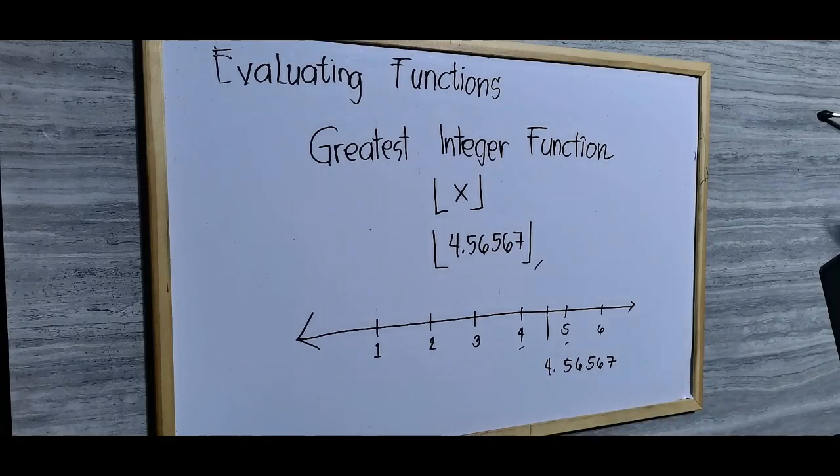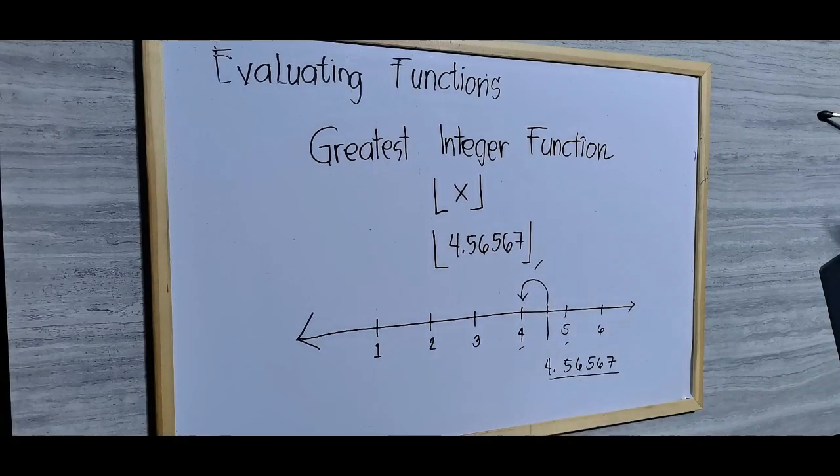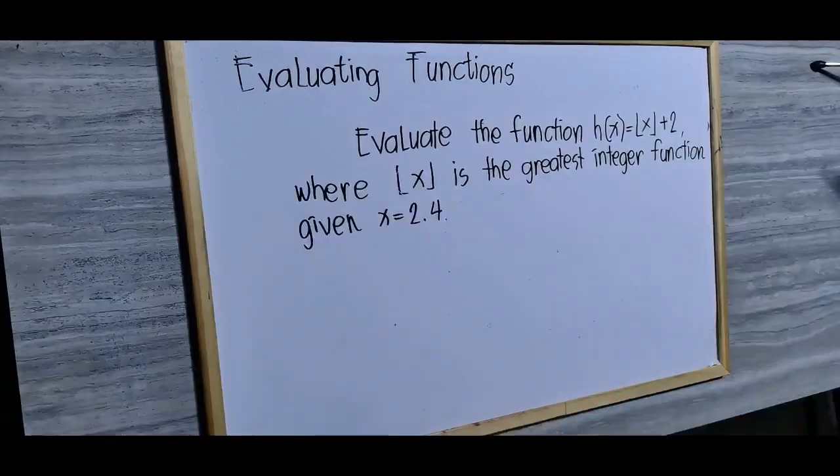But still, we have to round off the number down to the integer less than the number. So, ibig sabihin, the integer that is less than this number is positive 4. So therefore, the greatest integer function of 4.56567 is positive 4.